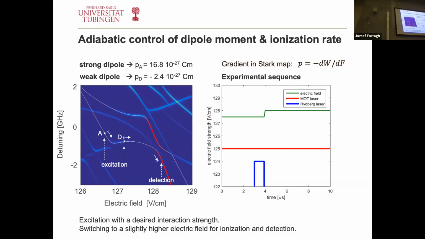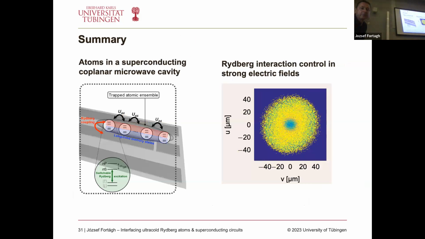At the same time, if I bring the two subjects that I discussed today together, the control of dipole interactions at high electric fields and the control of Rydberg atoms on a chip, there may be an interesting opportunity.